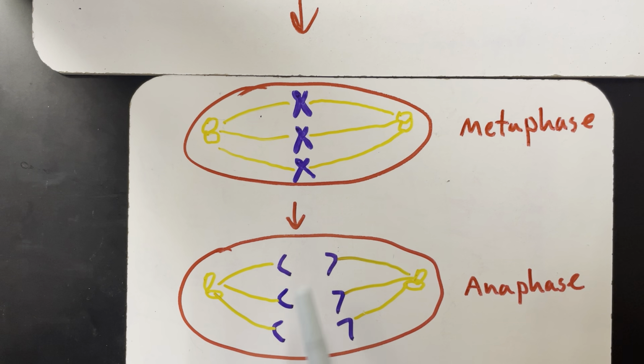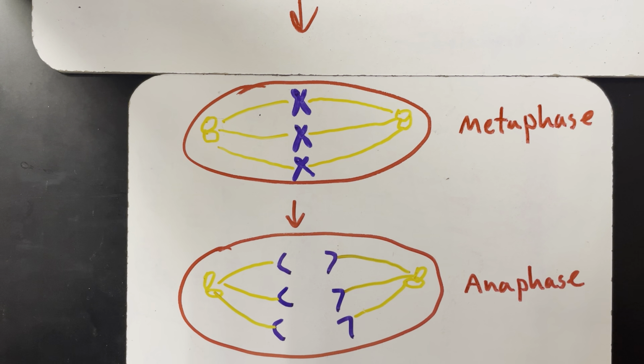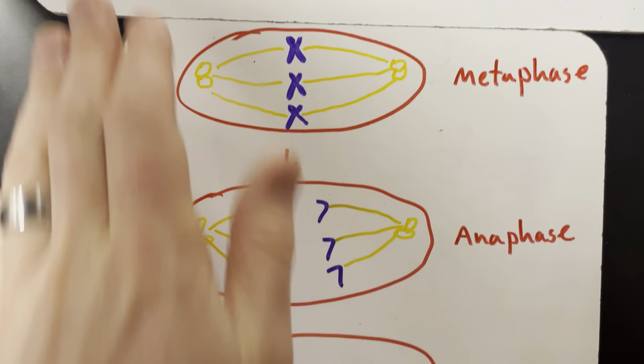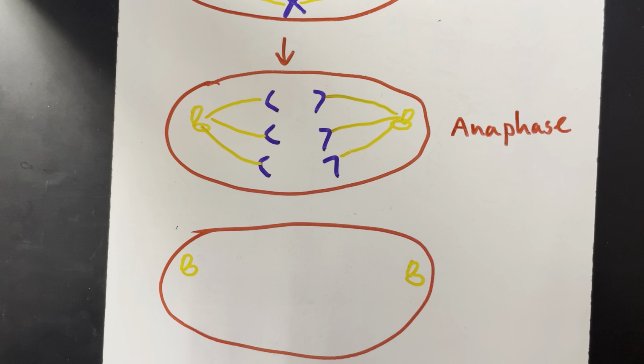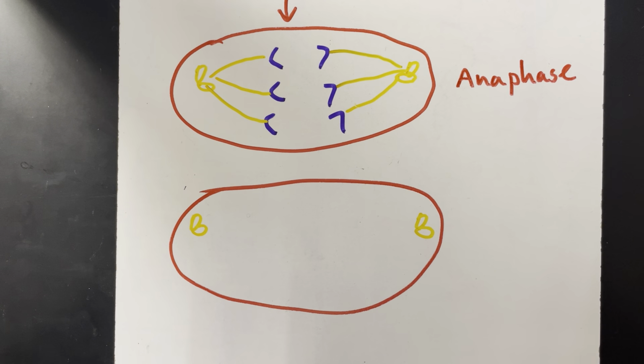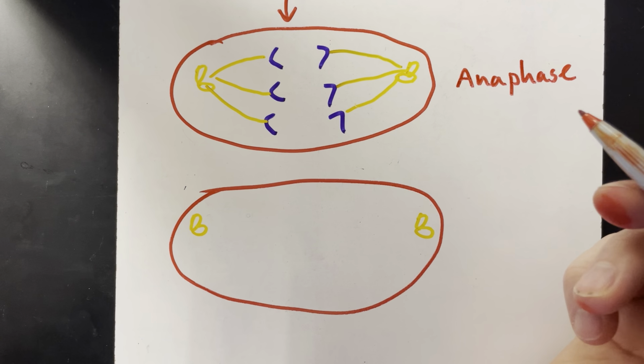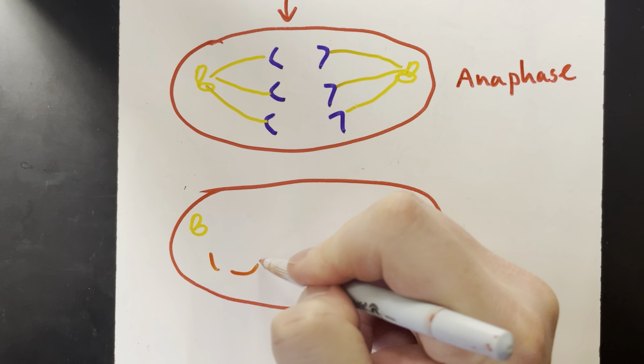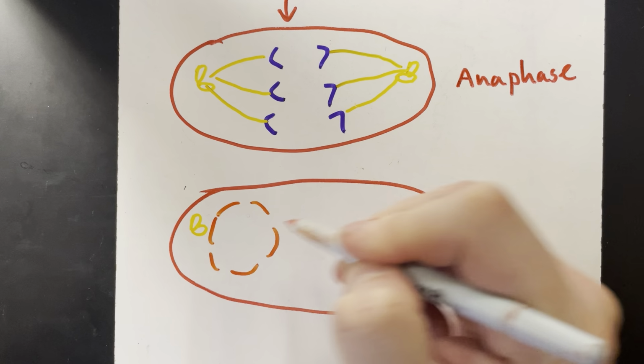And then they get pulled so far apart that they can recondense back into nuclei. So that nuclear envelope reforms.